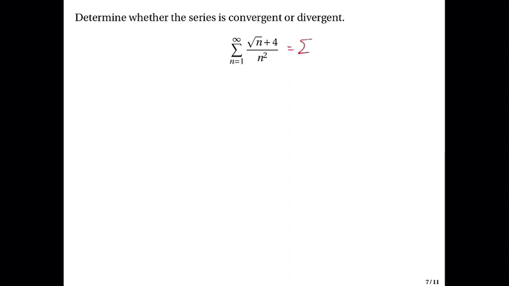So you can rewrite this as the series from 1 up to plus infinity of square root of n over n squared, and then plus 4 over n squared.